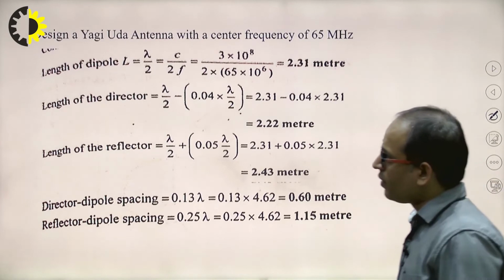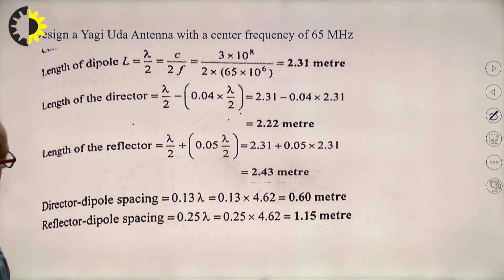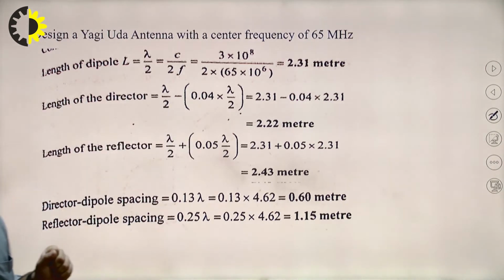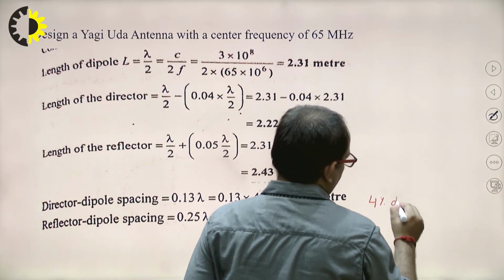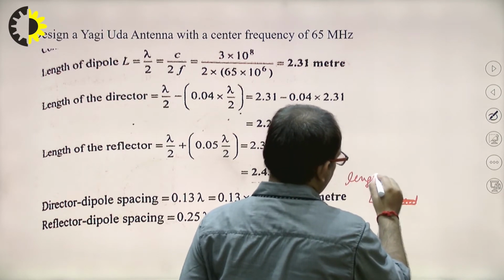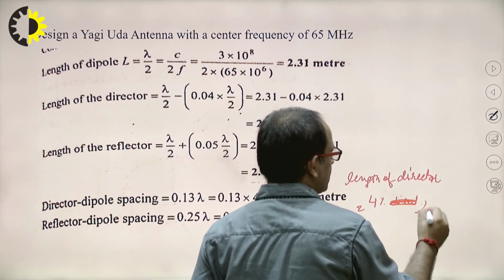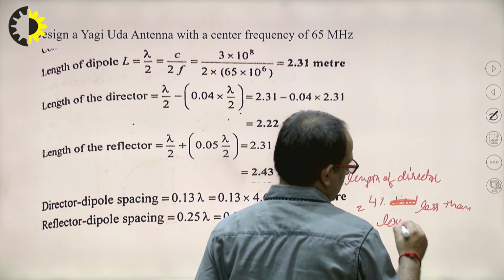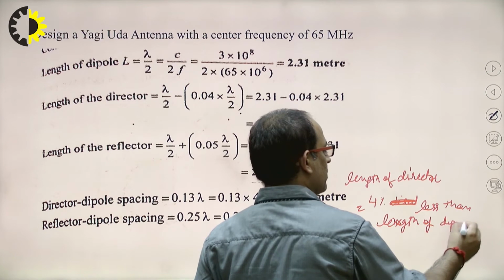Clear? Now see this one, or you can say that the length of the director is 4% less than the length of the dipole or driven element.